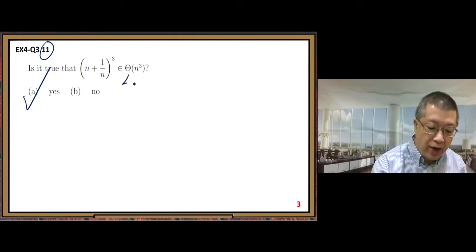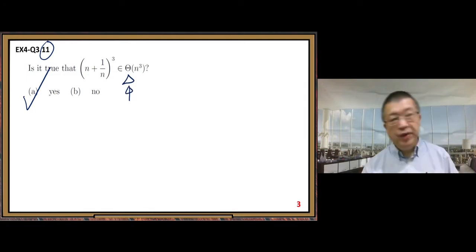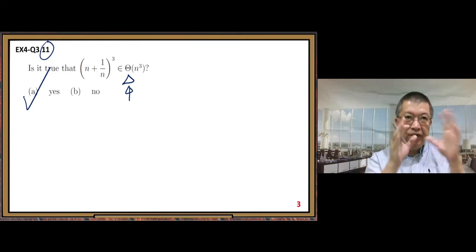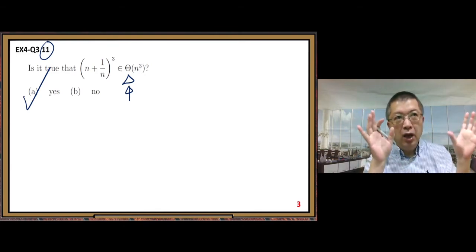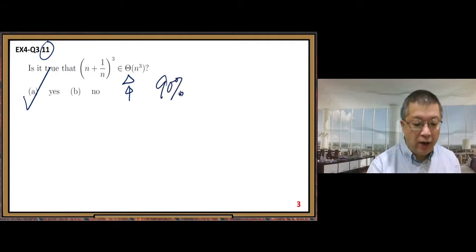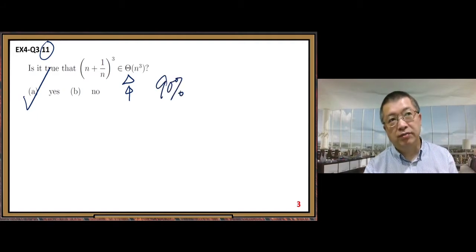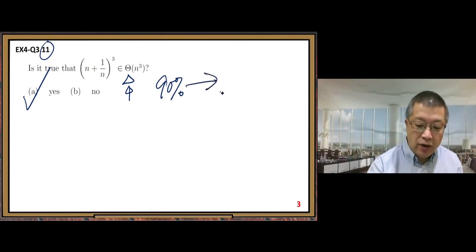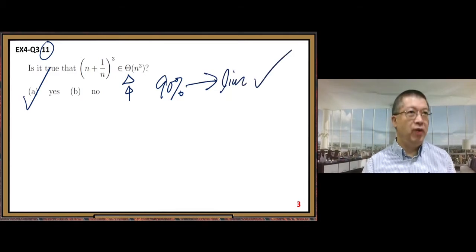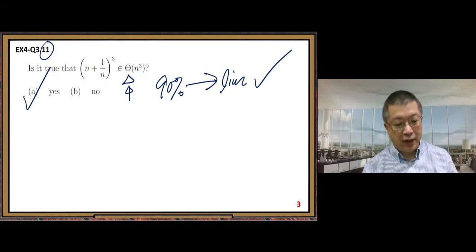When we need to show that one function f belongs to big theta of g, 90% of the time, I do not say 100% because there could be some special cases, the limit way would solve the problem.